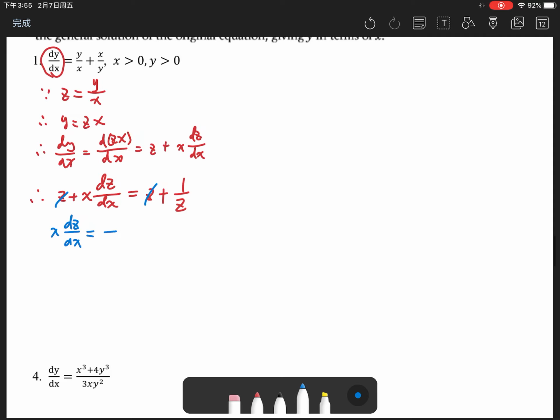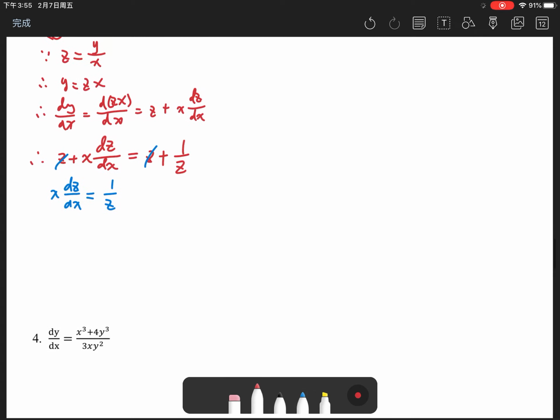Finally it is x times dz by dx equals 1 over z. Obviously we can use the separating variables method. So it is z times dz equals 1 over x times dx.